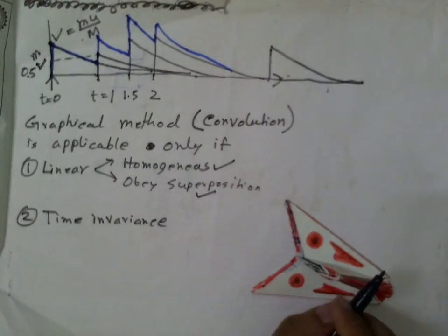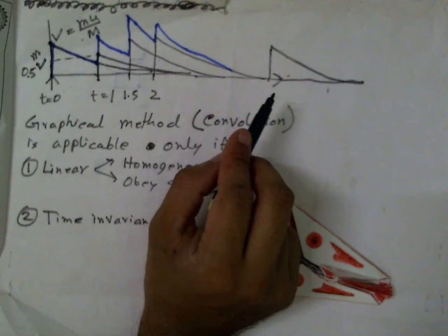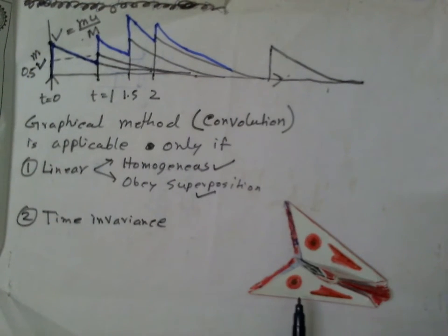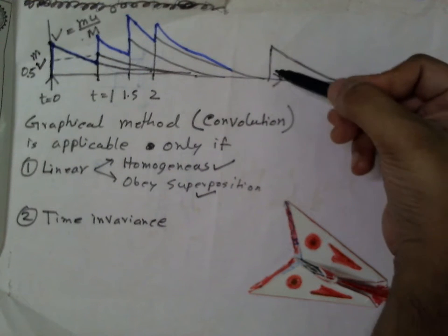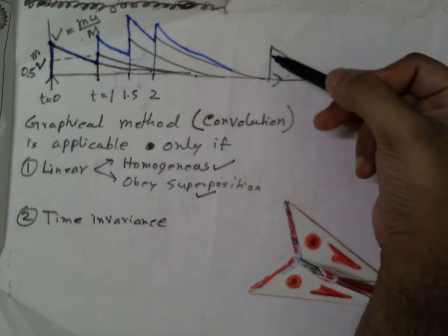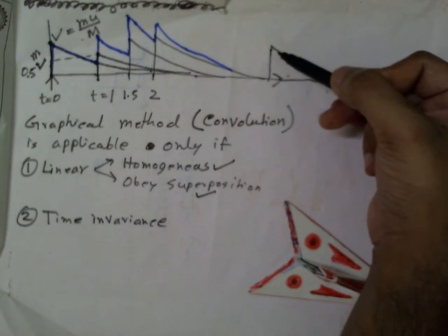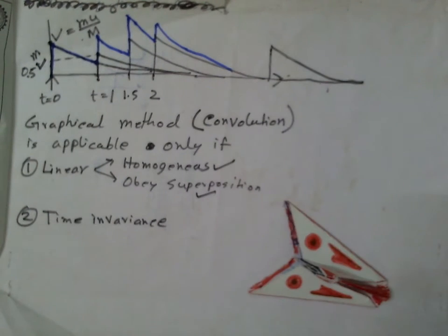It won't be time invariant if, for example, the rocket is losing some mass because it is burning fuel, and therefore its mass capital M is reducing, and therefore now at t equal to 100 or 1000, for the same amount of gas or fuel being burned, it will attain a higher velocity because now the rocket is lighter.